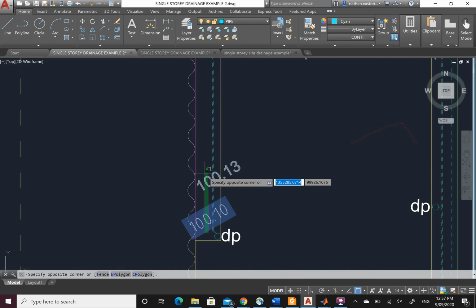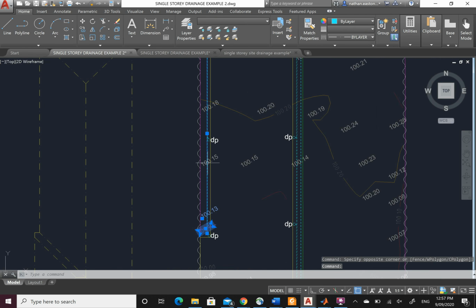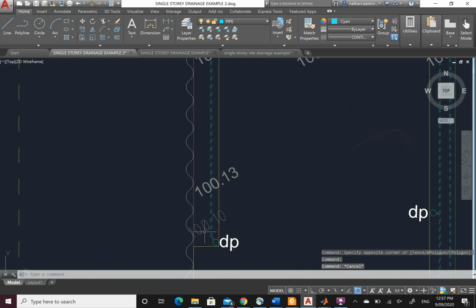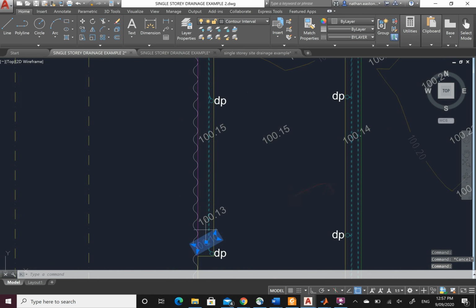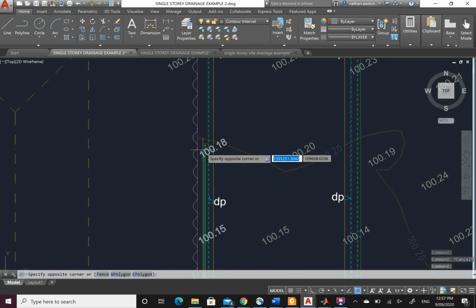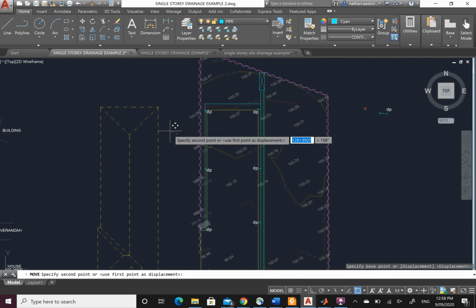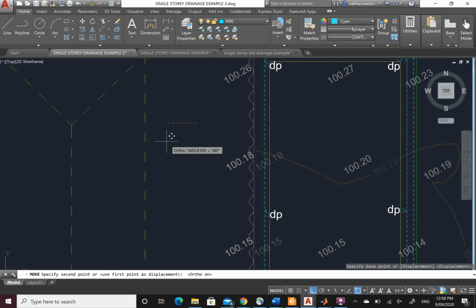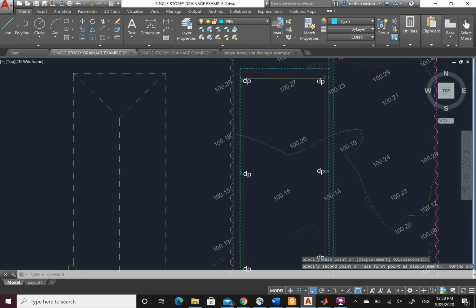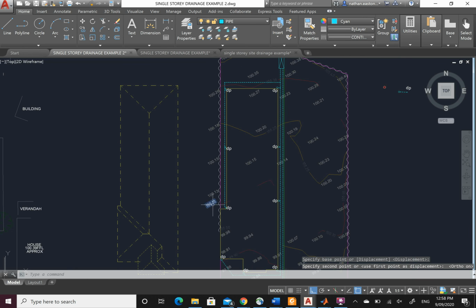So what I might do is all of the levels on this side, I might move them just to the other side of the boundary, to about there, showing that they're still there, just to clear up where my drawings are going to sit.